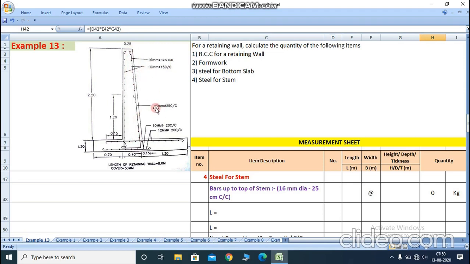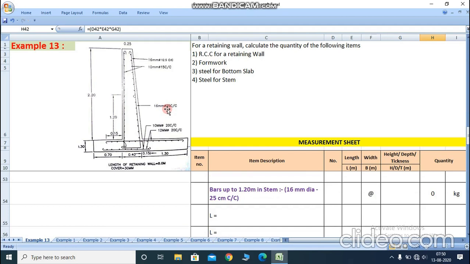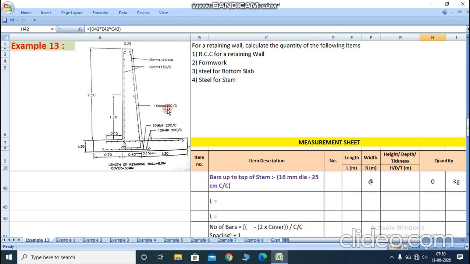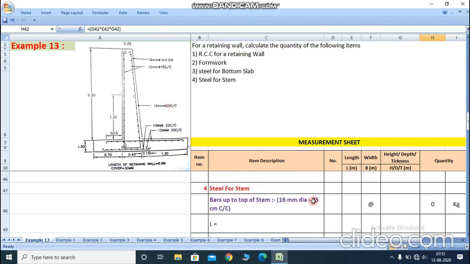See here, 25 cm center to center vertical bars. This is the 12.5 cm center to center distance.